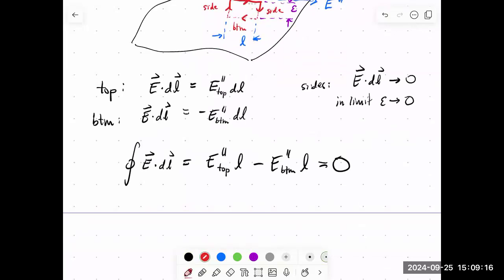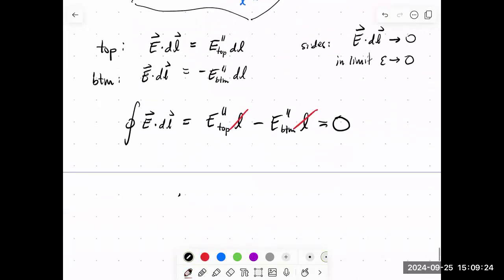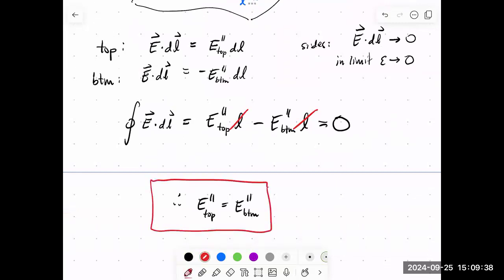Okay, well, that's convenient because now I can divide the L out, and I can say therefore, the parallel components of the electric field are continuous. There's no change between the parallel components when you cross a surface with charge density sigma.